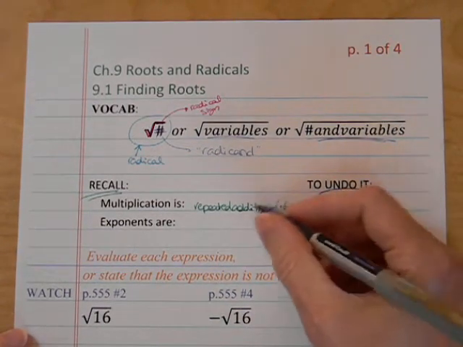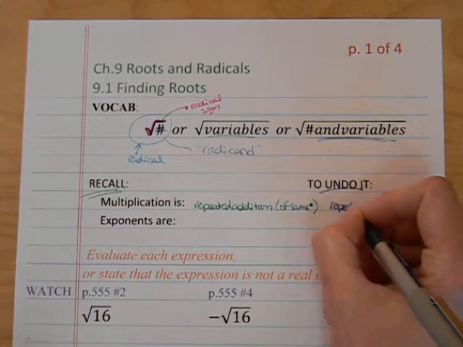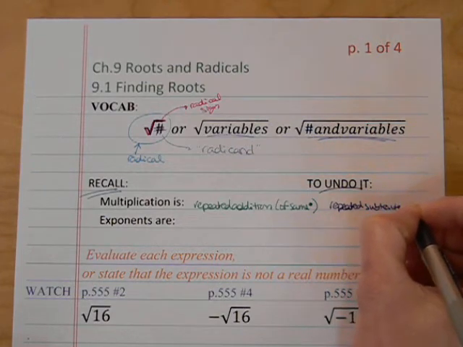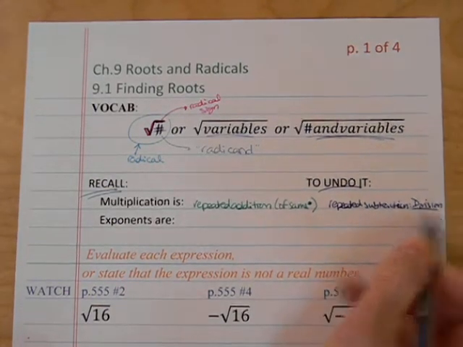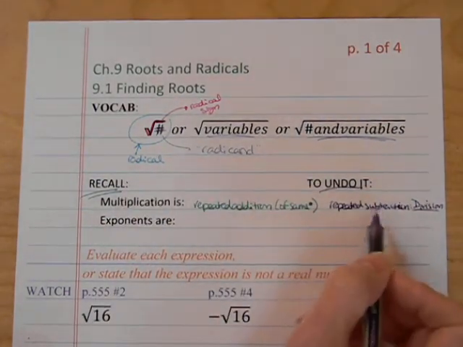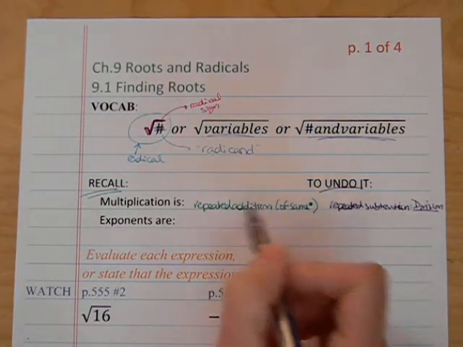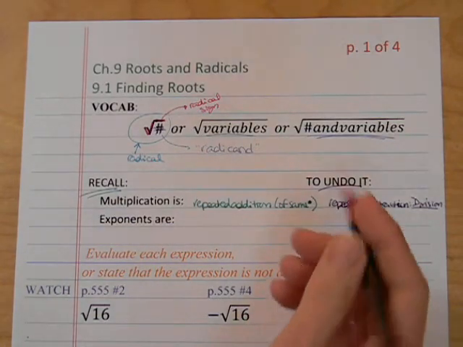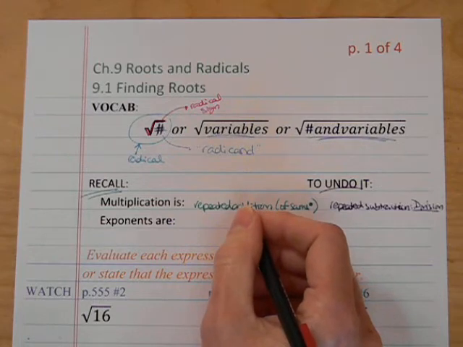To undo multiplication, we would do repeated subtraction, or what we learned to call division. Division undoes multiplication because division is like repeatedly subtracting the same group away from it, or dividing it into groups. That may have been how you were taught, because multiplication is repeated addition of the same number.